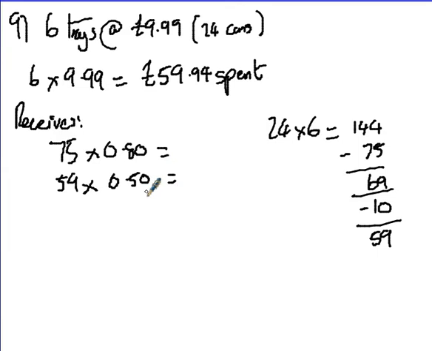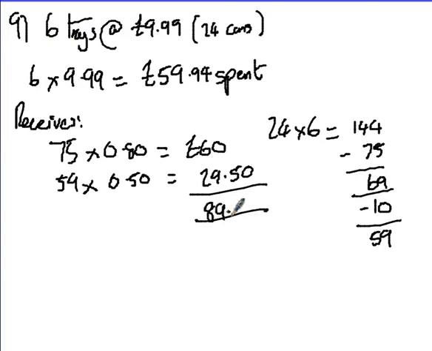So we've got, first of all, 75 times 80p, and that gives him £60, and we've got 59 times 50p, which is £29.50. So we add them two together, that gives us £89.50.